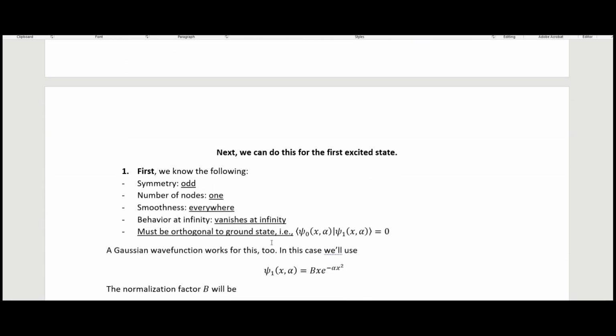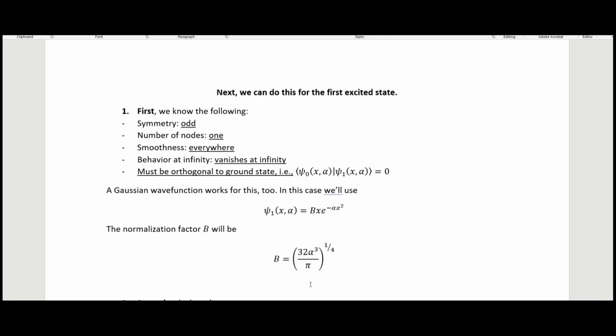But we can look at what this might look like for an excited state. We'll look at the first excited state.